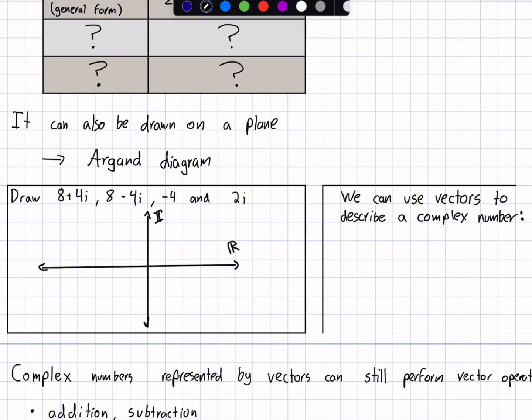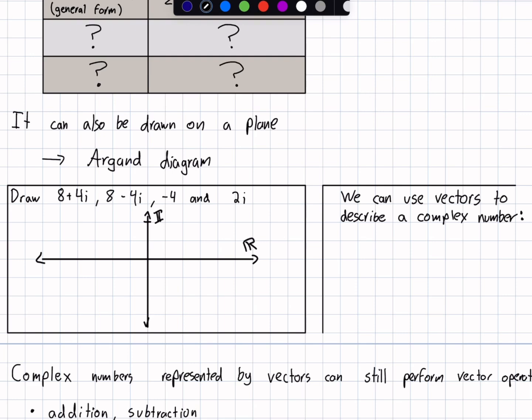Let's say that 4 of these will be 8, just like that. And these two will be, of course, 4. And our x-axis will be known as the real axis, and it will be denoted by an R. On the real axis, all the real parts of our complex numbers will lie, and on the i-axis, or the imaginary axis, all our imaginary parts will lie.